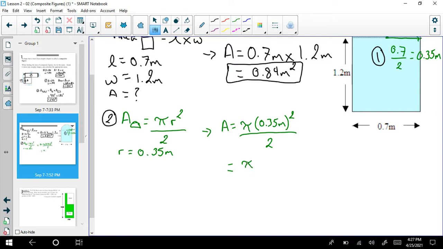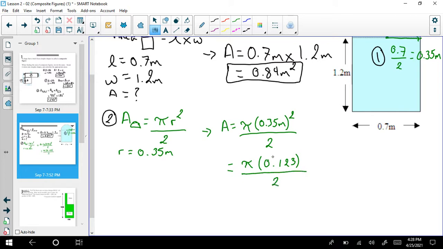So then I get pi, and then 0.35 squared gives me, let me get my calculator, 0.123, divided by 2.